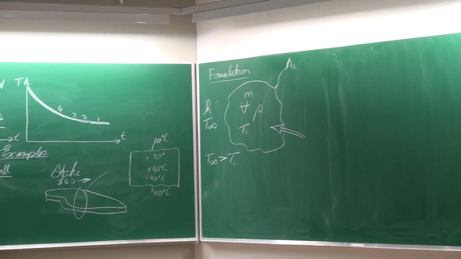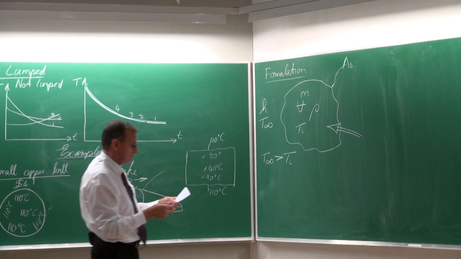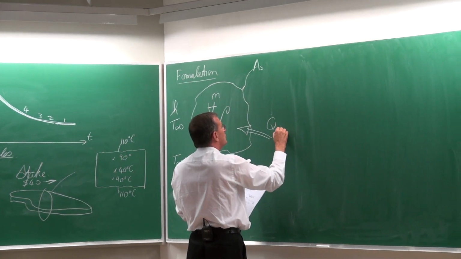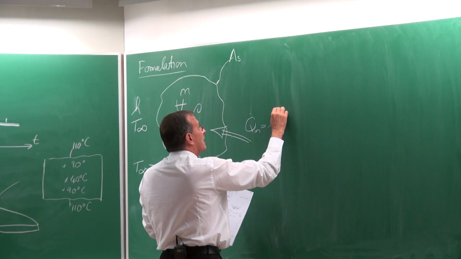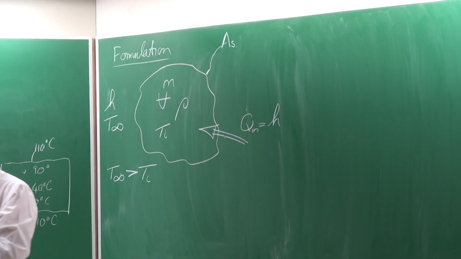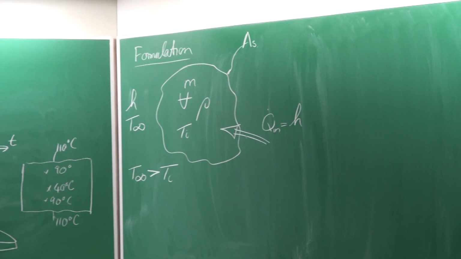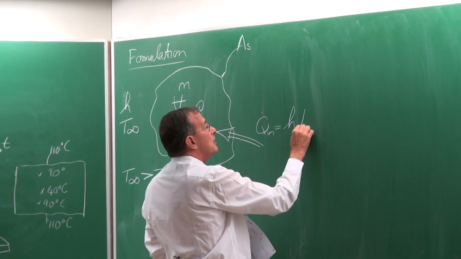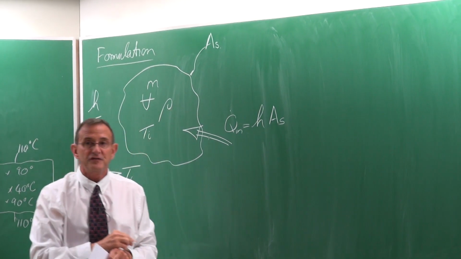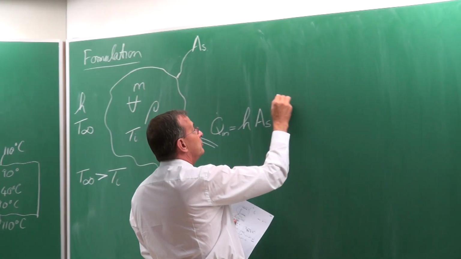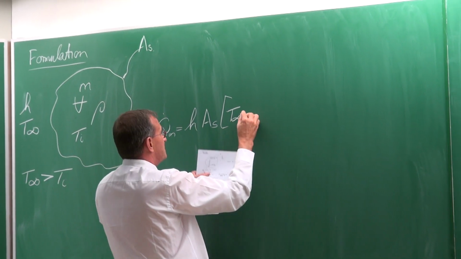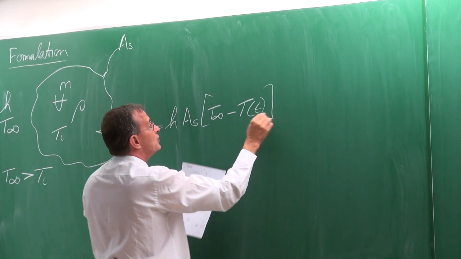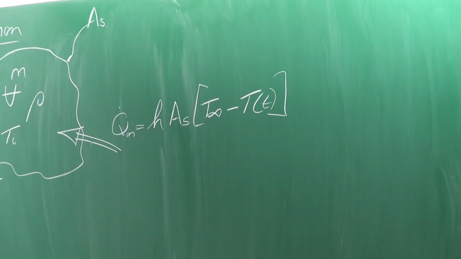It doesn't matter. So the heat transfer rate going into this body can be written in terms of Fourier's law, which you've done with the previous module. It is equal to the heat transfer coefficient multiplied by the surface area multiplied by the temperature difference, which is T infinite, minus the temperature that varies as a function of time.